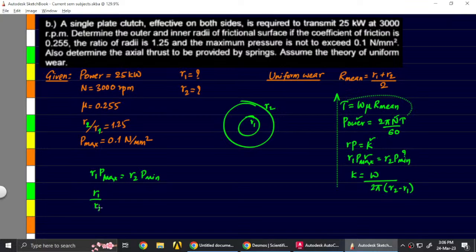So R1 by R2 into P max, P max is 0.1, will be equal to P min. So P min will be equal to 0.1 into, okay, this will come in the denominator, 0.25. So we get 10 by 125. This is the ratio for R1 by R2.